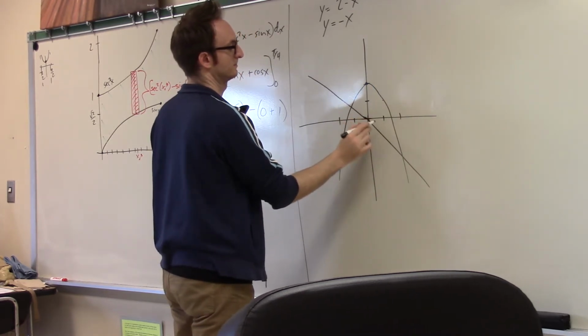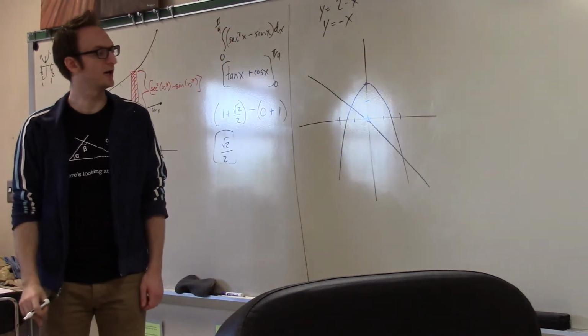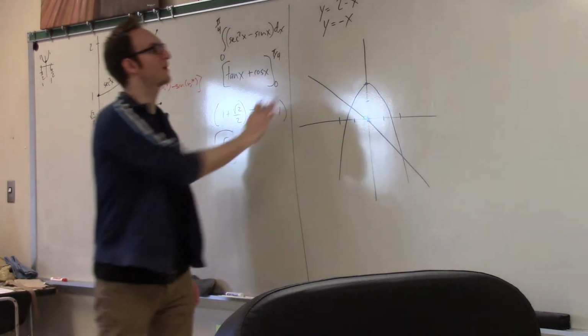Okay, so you guys have it up, upside down parabola, and the line y equals negative x.